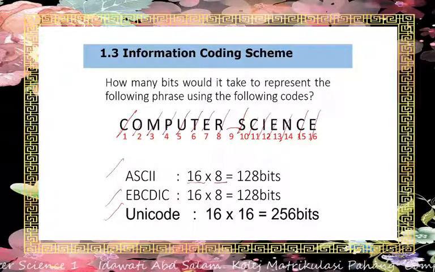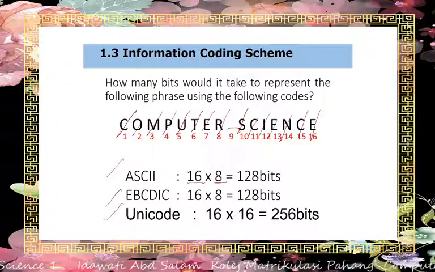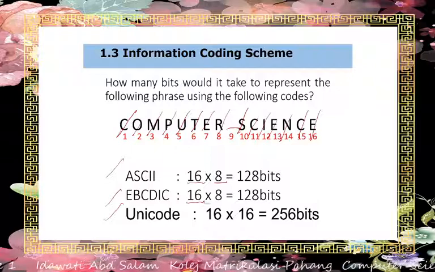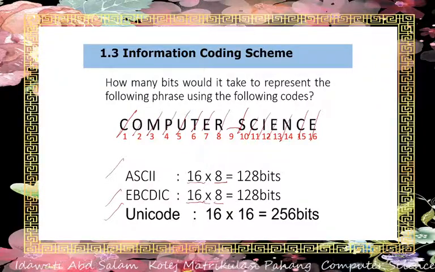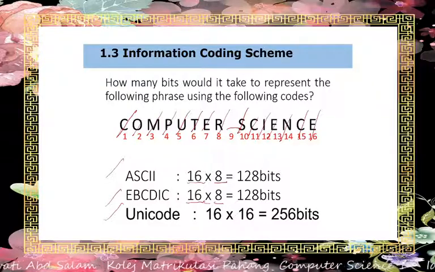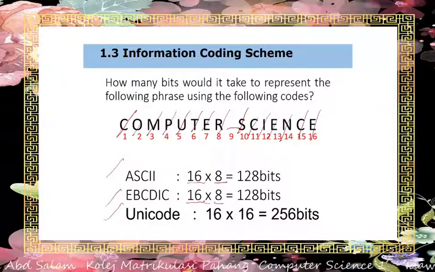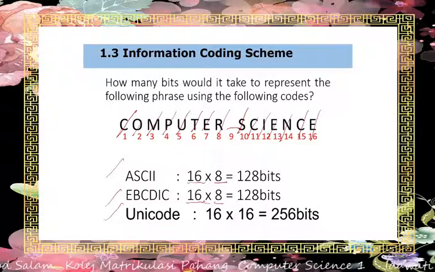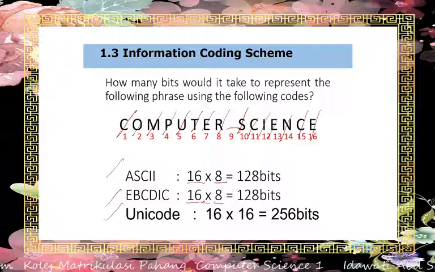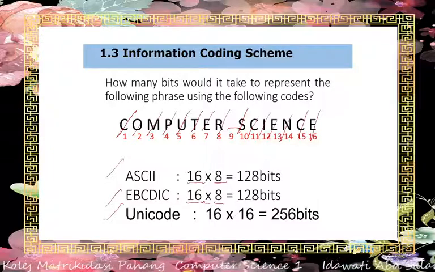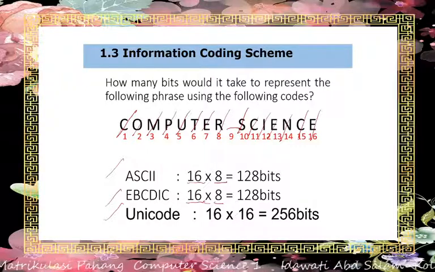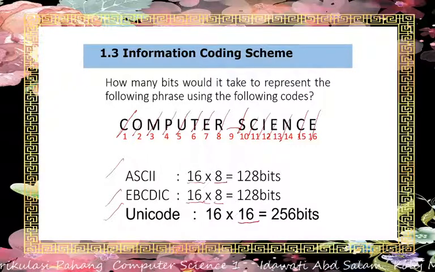The same thing with EBCDIC: 16 characters multiplied by 8, so altogether we will have 128 bits to represent the computer science. Meanwhile, in Unicode, to represent a character we need 16 bits for one character.